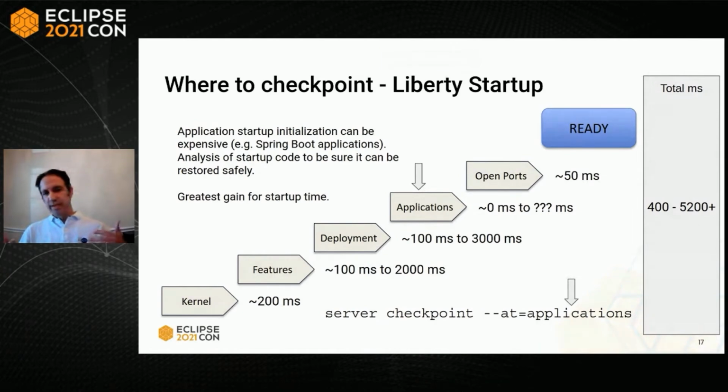In order to do this safely, you really need to be sure that what you're checkpointing is safe to do. There are quite a few gotchas that you may encounter. One that we've been looking at is secure random objects.